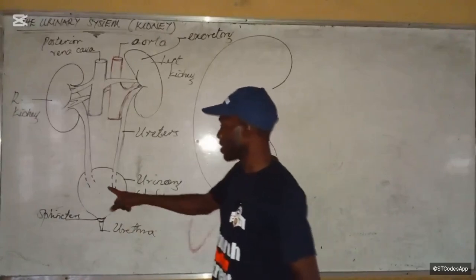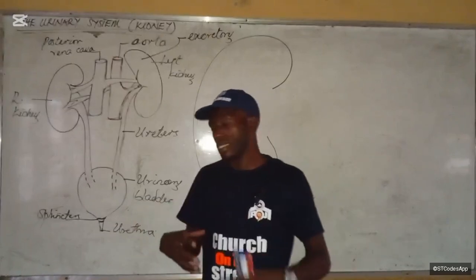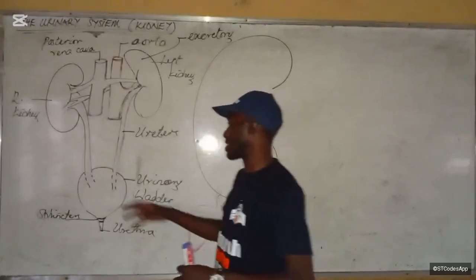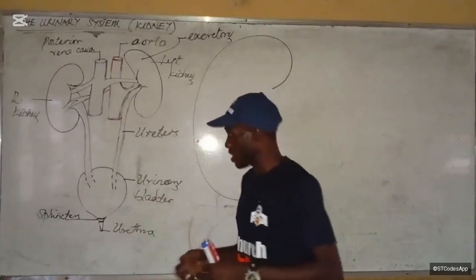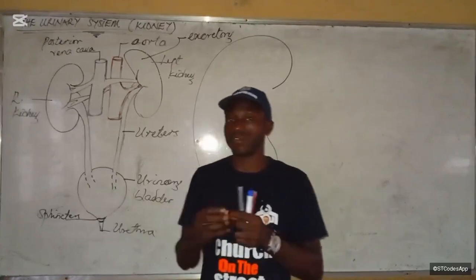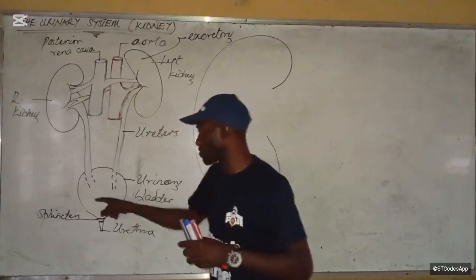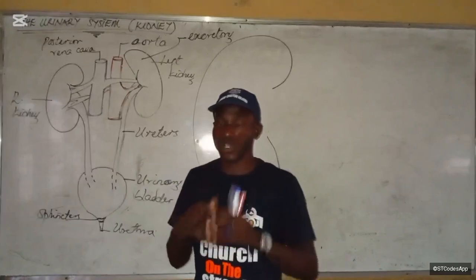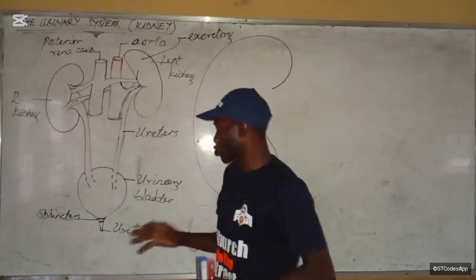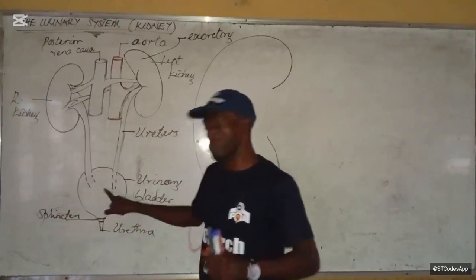Now, this guy collects the urine and it becomes expanded as it collects urine. In fact, the urinary bladder is small when nothing is in it, and when the urine fills it up, it becomes expanded. By the expansion, it will seem as though there is pressure on it.